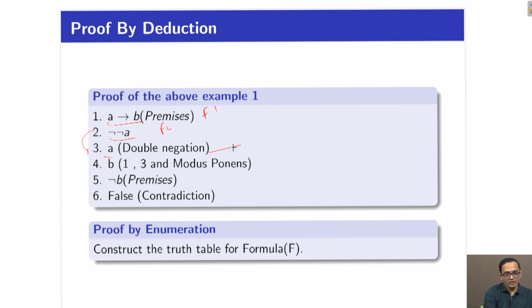And now, I have a is true and a implies b is true. What does it mean? b is true by modus ponens, the rule 3. And now, you have formula 3 where you say not of b is true. Now, you can apply the contradiction, b and not b, which is basically false. That means this formula is false.